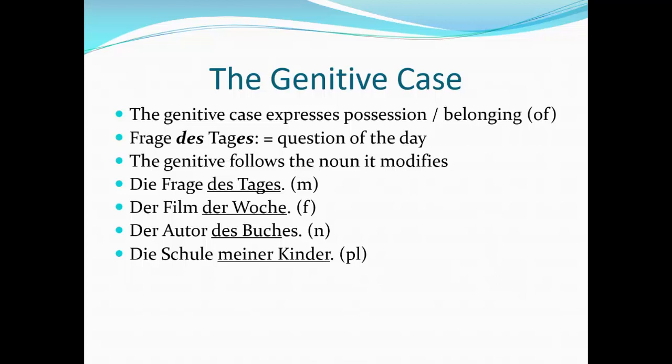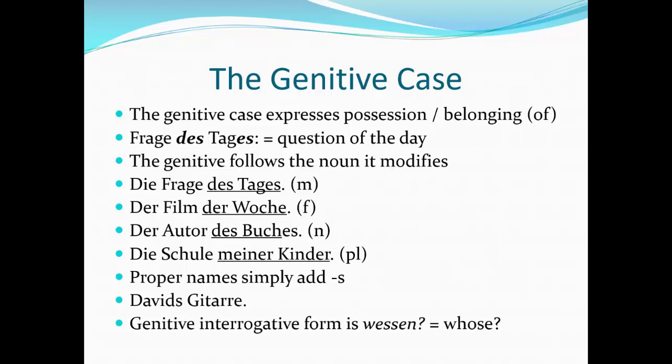You can see that our masculine and neuter look nearly identical, whereas the feminine and the plural look identical. Des Tages, des Buches, der Woche, meiner Kinder. If it's a proper name, we're going to add an S to it, such as Davids Gitarre, without an apostrophe.